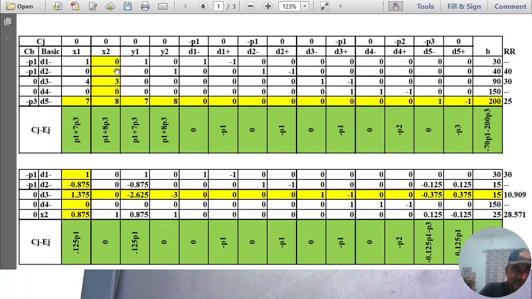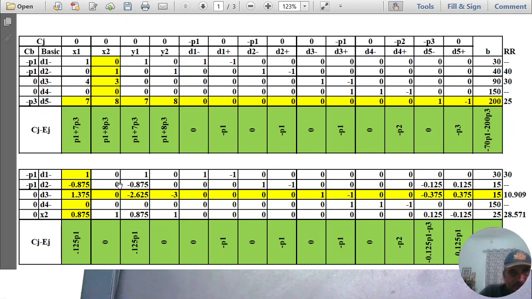Then in the second iteration we want to make this x2 column 0, 0, 0, 0, and 1. That we have done by transformations on the rows. For example, this fifth row I have divided throughout by 8, and then the fourth row and first row are retained, and by using the formula you are used to, for example, for getting 0 here it will be R2 minus the modified R5.